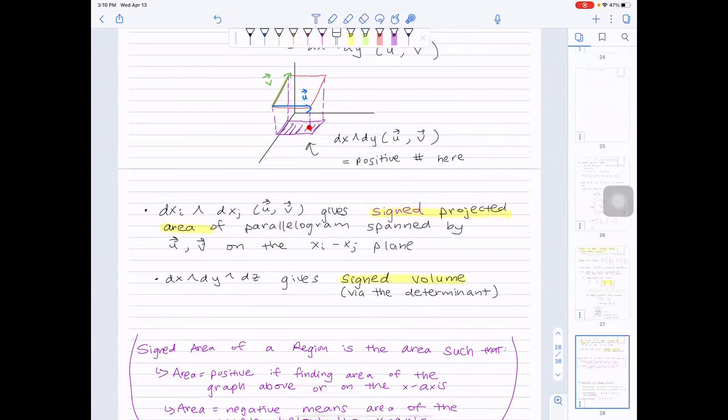If I projected it below the x-axis or somewhere, then it'd be a negative area. So we're just considering the positive area for now. And so in general, d some variable wedge d some other variable, eating 2 vectors, is going to give you the projected area onto that variable plane. And that's one of the practice problems.